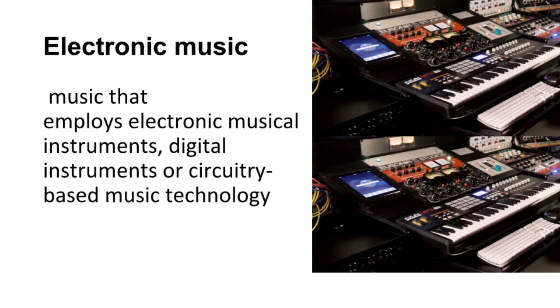A distinction can be made between sound produced using electromechanical means, electroacoustic music, and that produced using electronics only. Electromechanical instruments have mechanical elements, such as strings and hammers, and electric elements, such as magnetic pickups, power amplifiers, and loudspeakers.